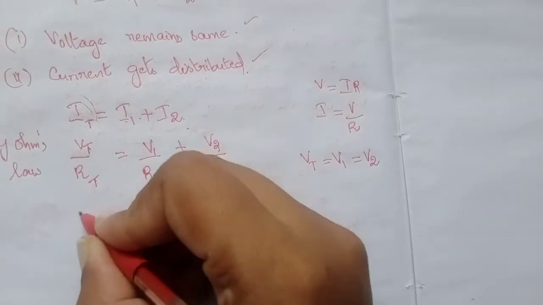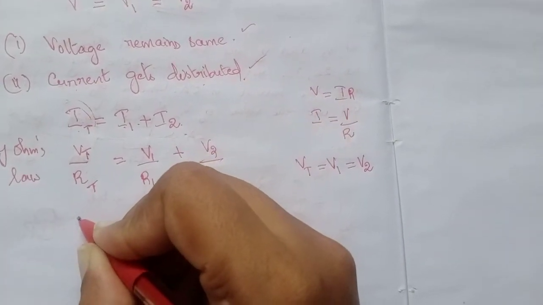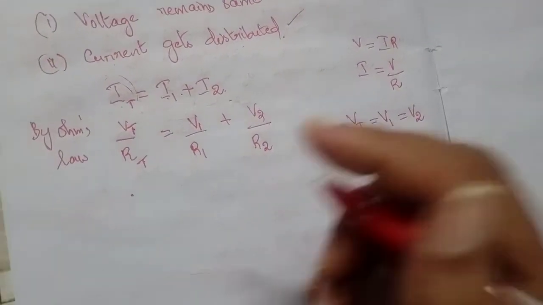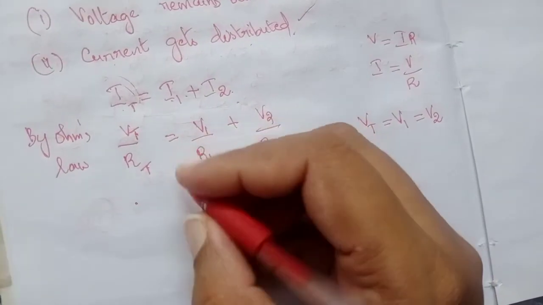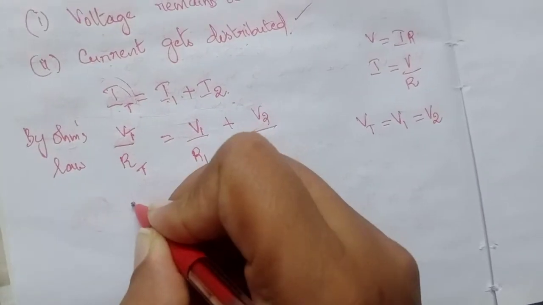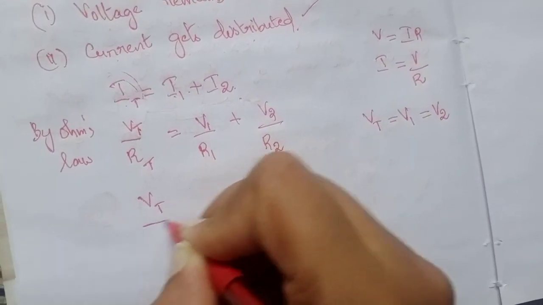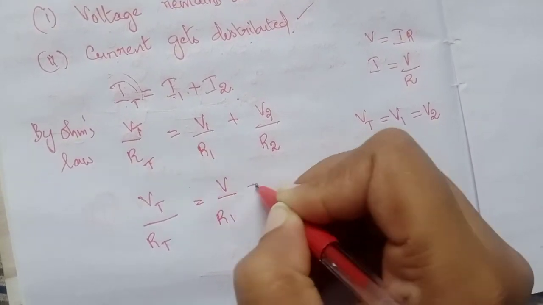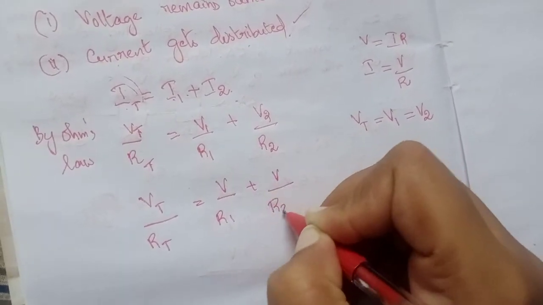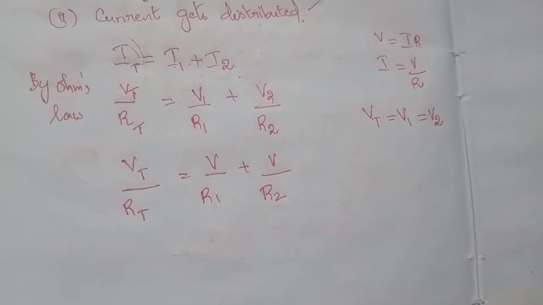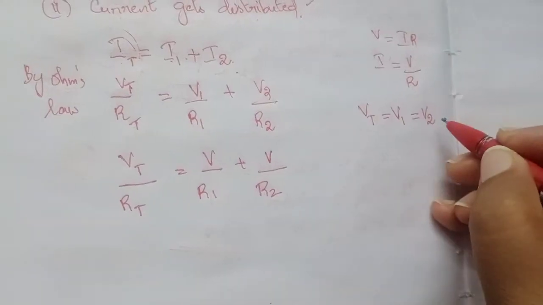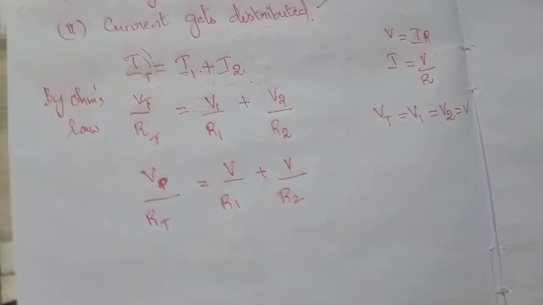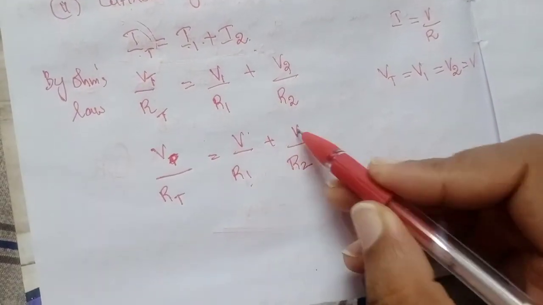So we can write VT by RT is equal to V by R1 plus V by R2, right? Here instead of VT I am going to write V. So it is equal to V by R1 plus V by R2.